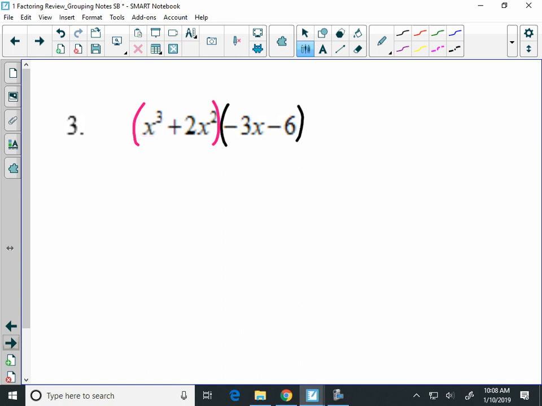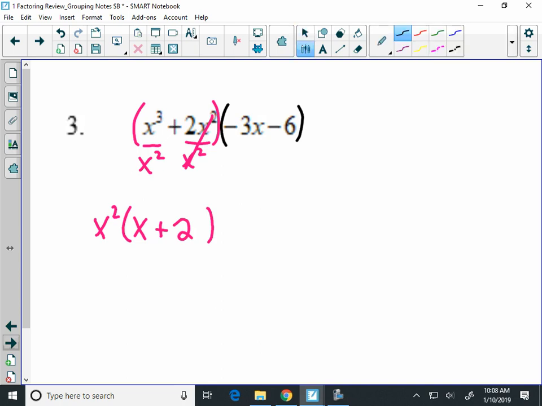From the first group, x cubed and 2x squared, there's no number that goes into both, but it looks like I can pull out a variable. I take the variable with the lower exponent, which is x squared. I pull the x squared out in front. And remember, you subtract exponents, so 3 minus 2 is 1. I'll just have a plain x inside. Here the x squares are going to cancel off, but I will have a plus 2.